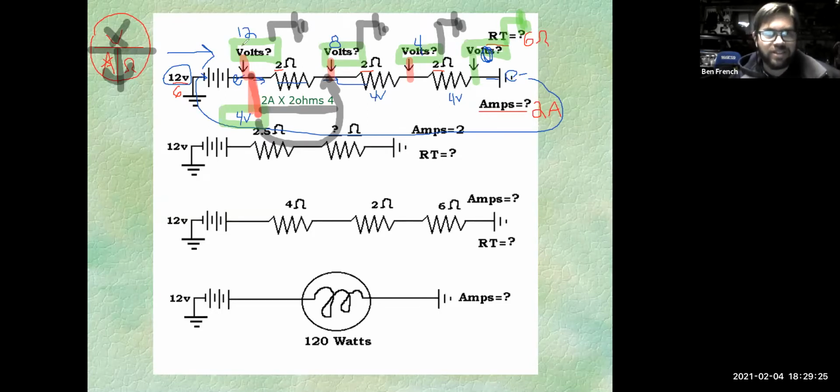So if I think about this first meter, why does he say 12 volts? Because essentially he's measuring the difference in electrical pressure from this point that's really close to the positive battery terminal, and then between there and all the way to the negative side at the end of this thing. So he's measuring the voltage drop across all this stuff.